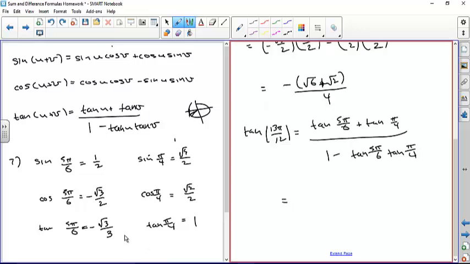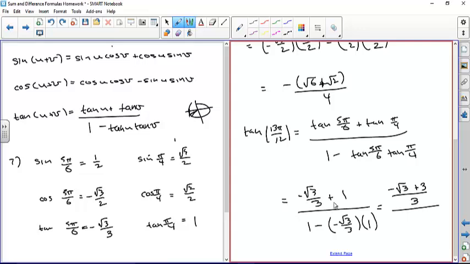So the tangent of 5 pi over 6 is negative the square root of 3 over 3. Tangent of pi over 4 is 1, divided by 1 minus tangent of 5 pi over 6, which is negative the square root of 3 over 3, times tangent of pi over 4, which is 1. And again, what we'll do is find a common denominator. So the numerator becomes negative the square root of 3 plus 3 over 3. So this becomes 3 over 3.